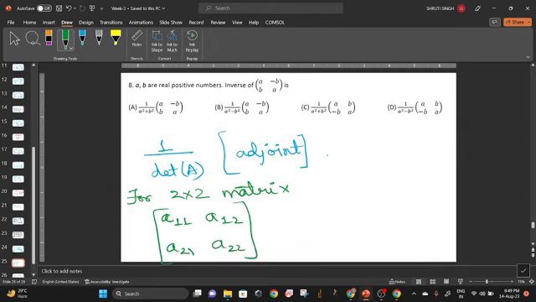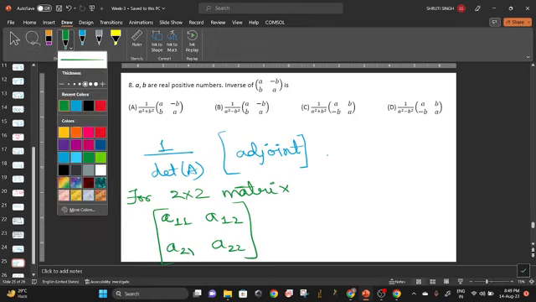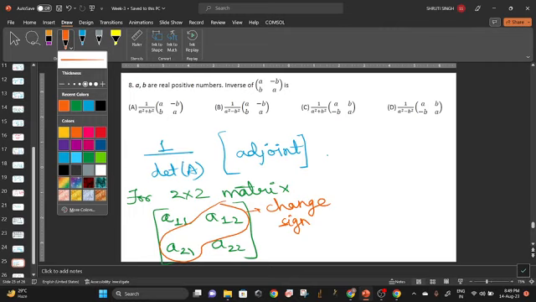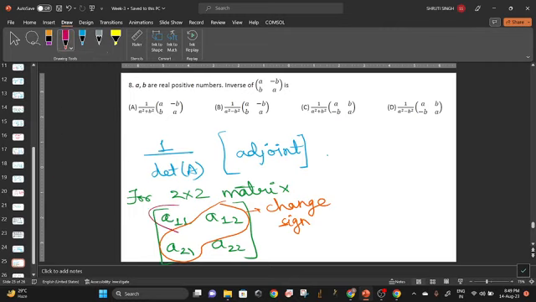What you have to do is change the sign of the off-diagonal elements, and then interchange the diagonal elements.